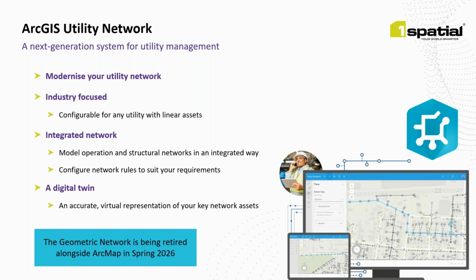Now, of course, utility network is not just for those who are existing Esri customers. It may be that you want to migrate your data from a different system into the Esri solution. And just to note on that point, the One Spatial utility network migration solutions are agnostic to that point. So whether you're currently using Esri or not, our tools can help you along the way.